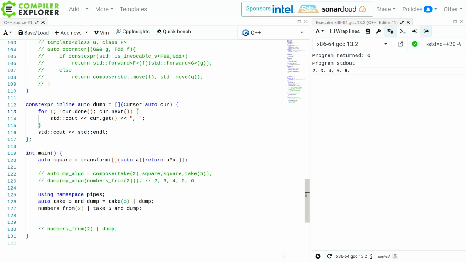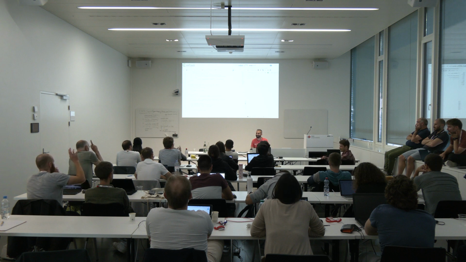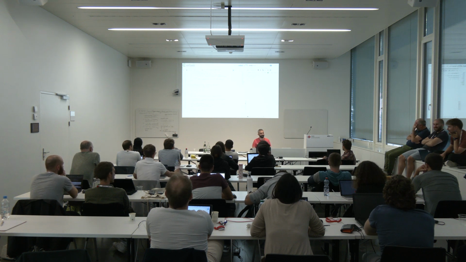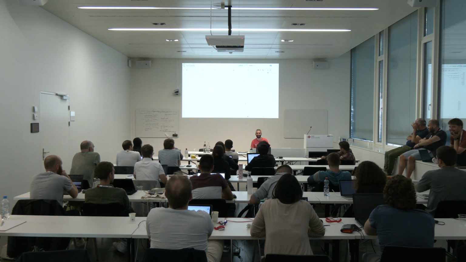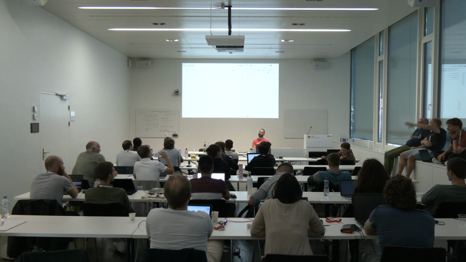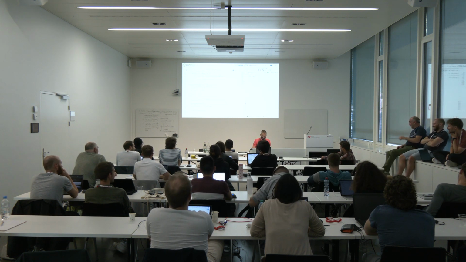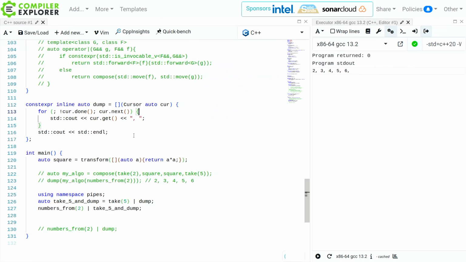So these are the 3 options. Which one do you want? Who wants to see type erasure? 1, 2, 3, 4, 5, right? Who wants to see customization? Oh, come on, this is the most interesting. Who wants to see range-based for loop for the cursor? Okay, so we do type erasure. Why do we do type erasure?